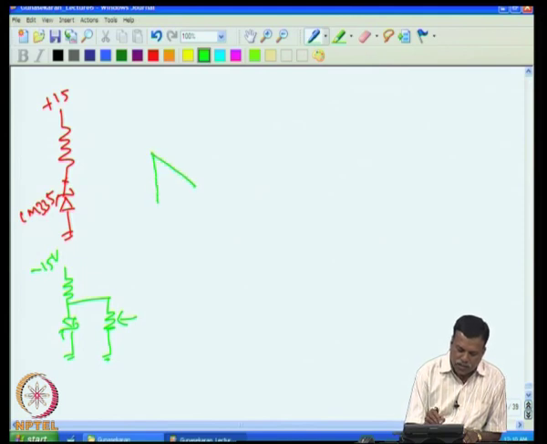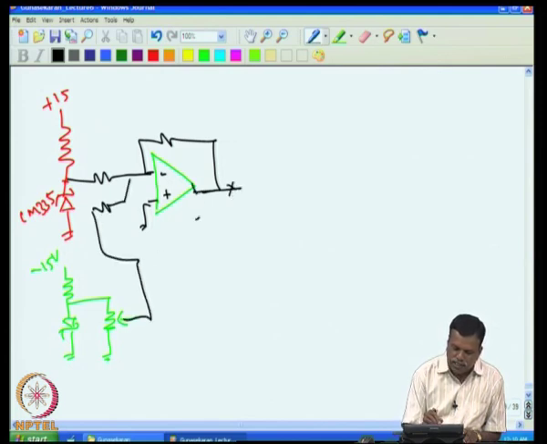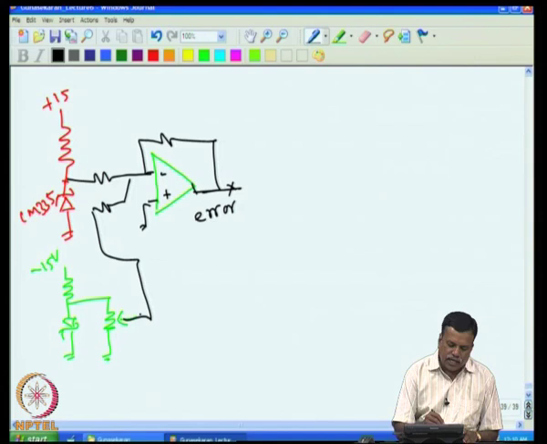It is similar to what we have done with the proportional temperature controller. We find the difference between these two, and you will get the error voltage here, that is the difference between the set temperature and the actual temperature.